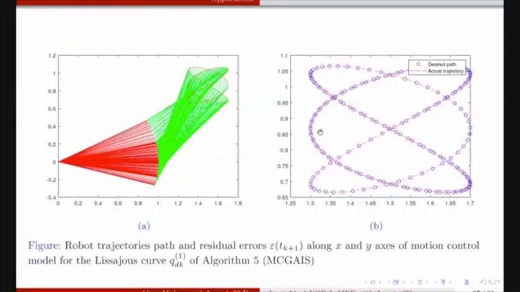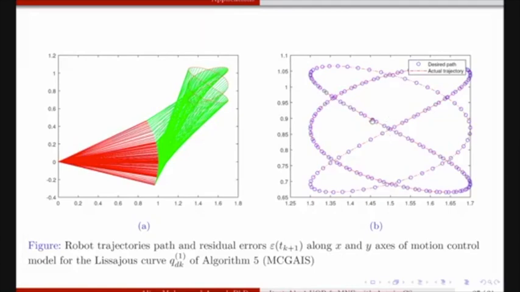If you look at the graph here, this blue one is the desired path, while the red one, I think it is red, is the actual trajectory. What we want is for our algorithm to track this desired path, and by merely looking at the graph, you can see that the algorithm successfully performed the task given to it.